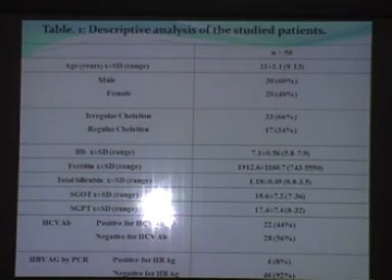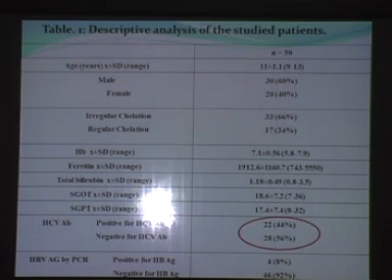This table shows a descriptive analysis of the study group, which shows that the age of our patients is about 11 years. Males were more, 60%, and females about 40%. Most of our patients are irregularly chelated, 66%, and only 34% are regularly chelated.